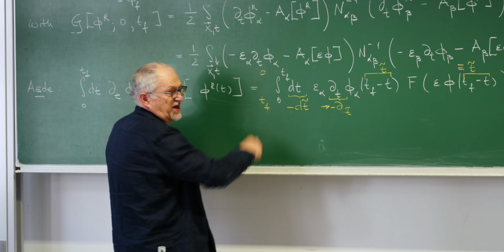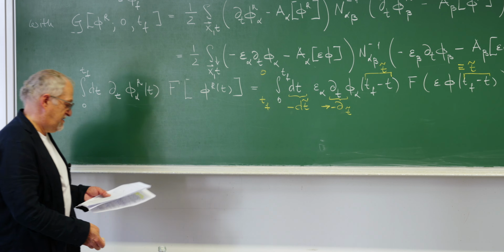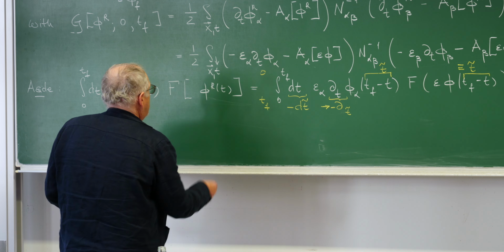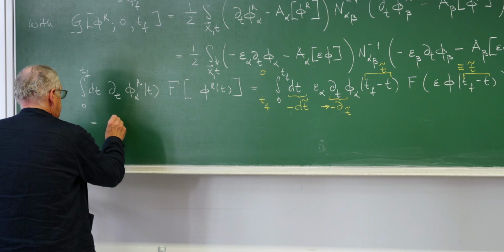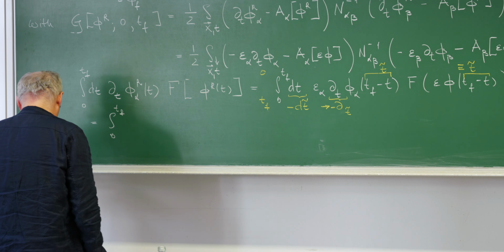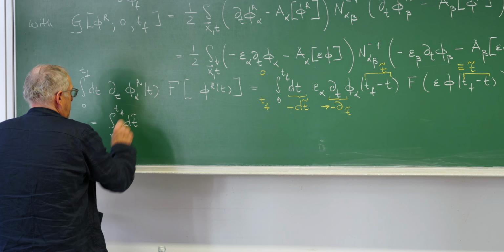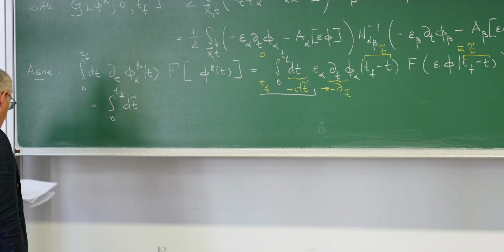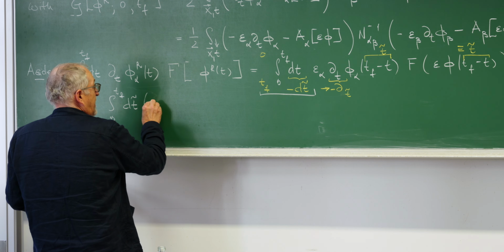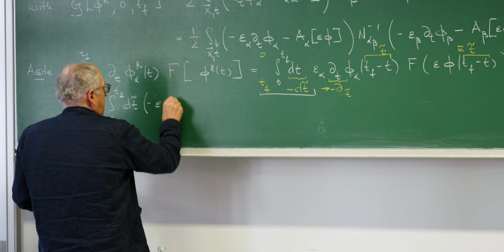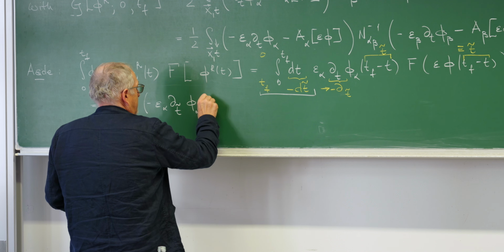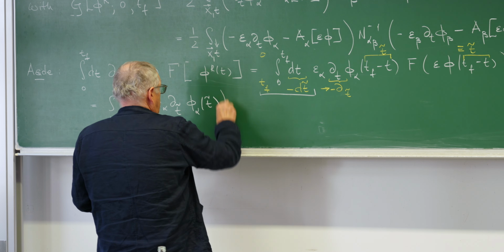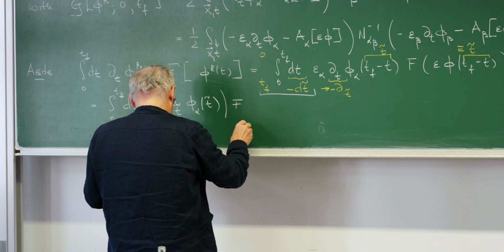And as you change the integral signs back again, this cancels the minus. So this is the same as the integral from 0 to tf dt twiddle. That's the first term here by flipping the integration order. Then I have minus epsilon alpha dt phi alpha of t twiddle, and then f of epsilon phi of t twiddle.